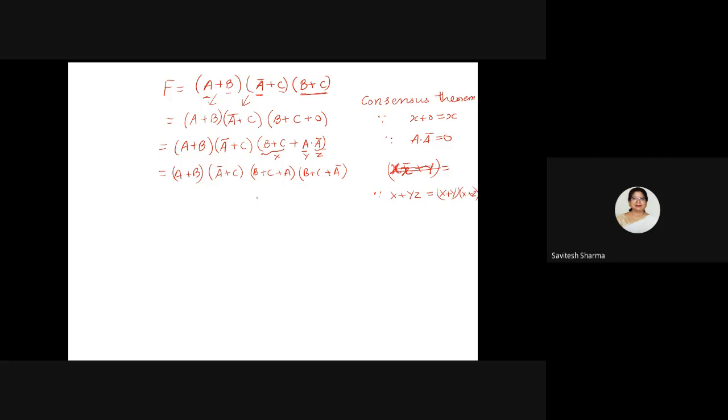So that term, you will simplify it. You will divide it into two separate terms. What is this theorem called? x plus yz equal to (x plus y) into (x plus z). It is called distributive law. So here I am using the distributive law.